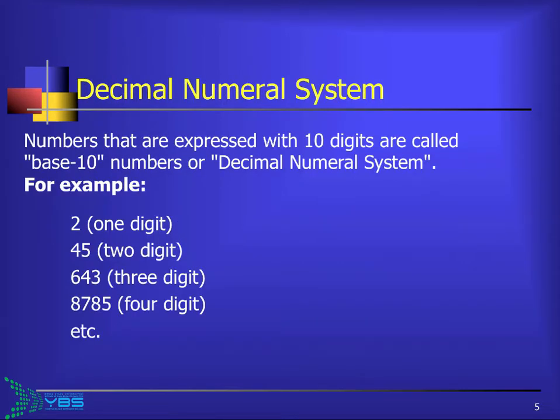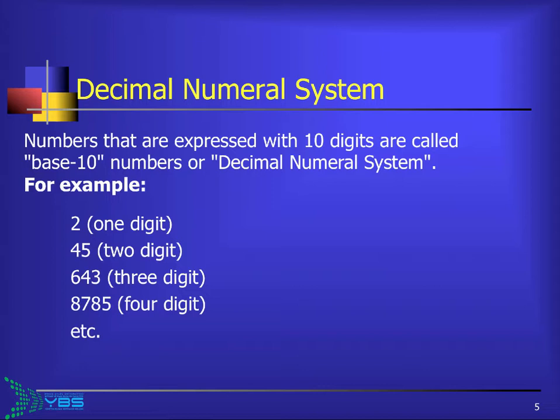Okay, the decimal number system. In the first method, we write numbers with a combination of 10 symbols, starting from 0, 1, 2, 3, 4, 5, 6, 7, 8, 9, called digits. Numbers that are expressed with 10 digits are called base 10 numbers or the decimal number system.